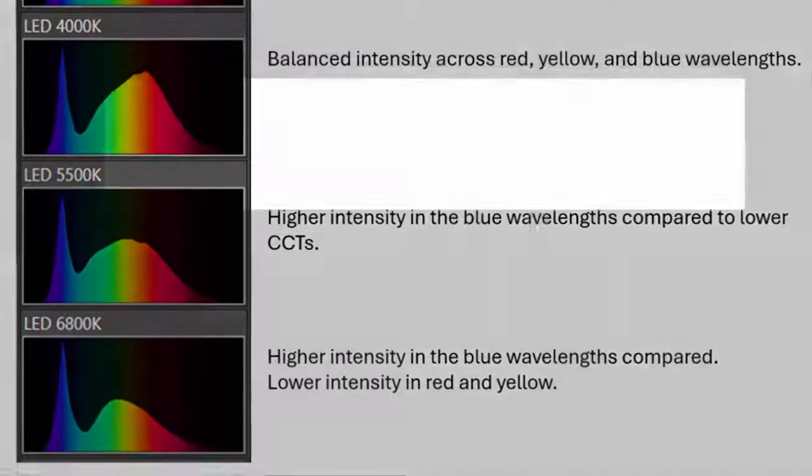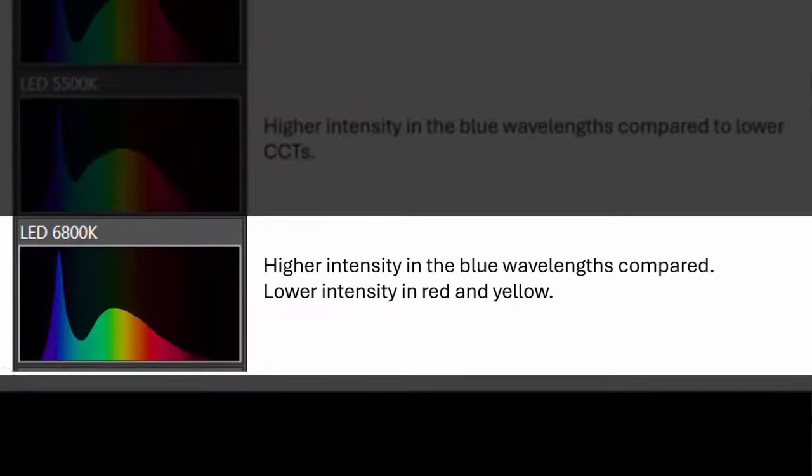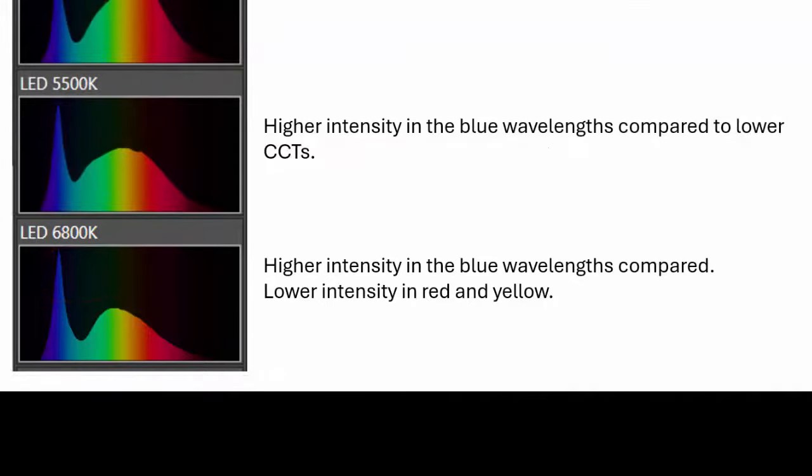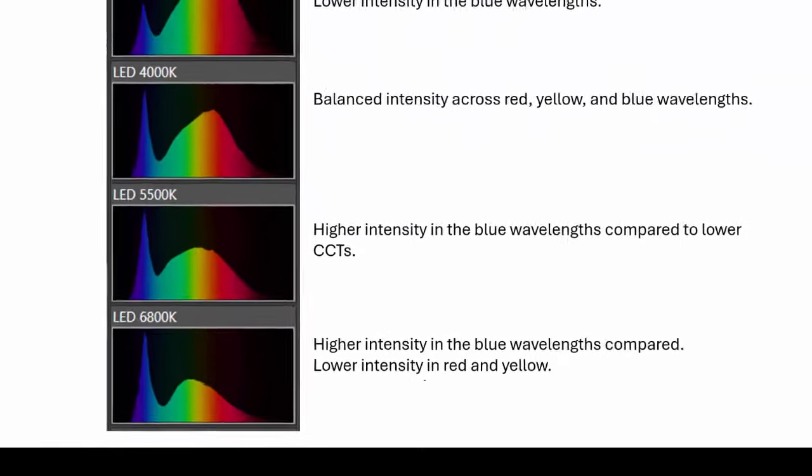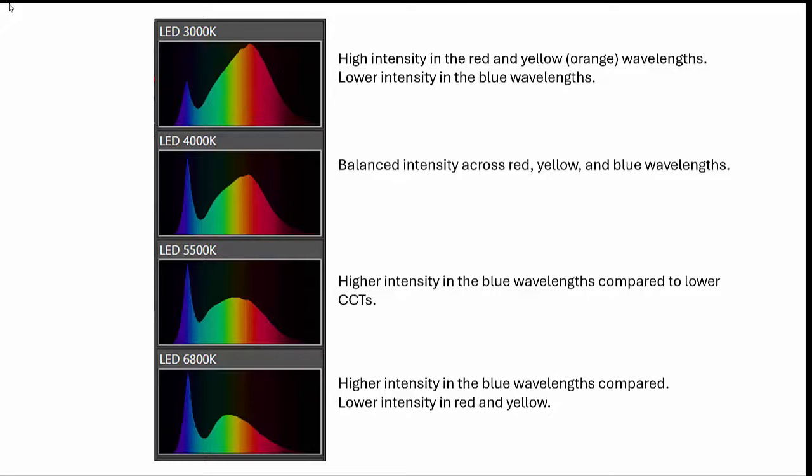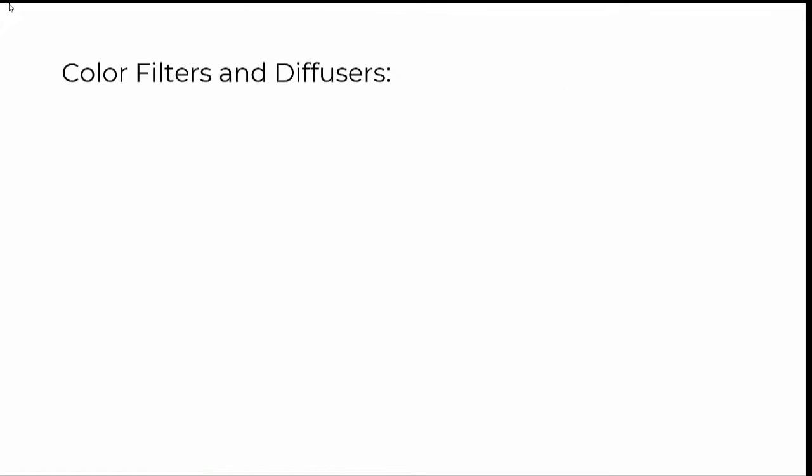Similarly, if you go higher on the scale to 6800 Kelvin, blue intensities are very high compared to red and yellow, which are very low. Because of these different levels of intensities, we have different color temperatures of light. I hope this concept is clear, because next we are going to see color filters.